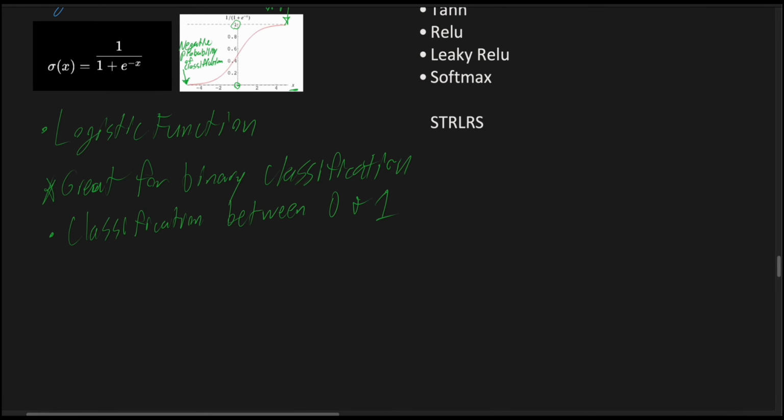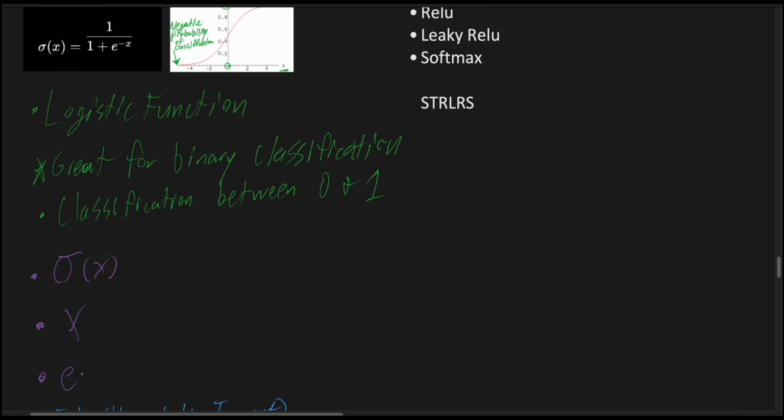And to give a breakdown for each of the following symbols for the sigmoid function, I'm going to use a different color. So we have the sigmoid function over here, and then we have x, which represents our input.